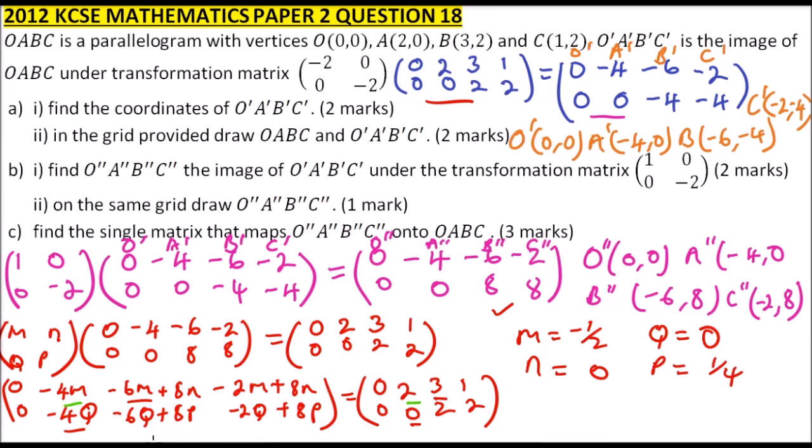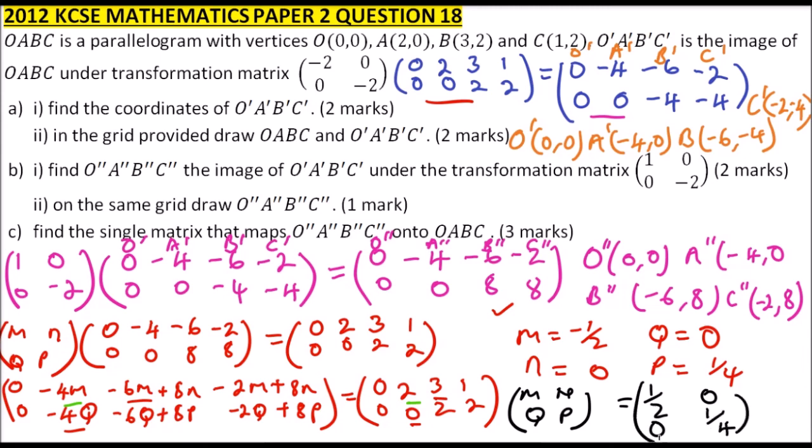I'm doing that because of space. So this means that to end up with our matrix, which we had assigned M, N, Q, P, we have found the value of M is minus a half, the value of N is 0, the value of Q is 0, and the value of P is a quarter.